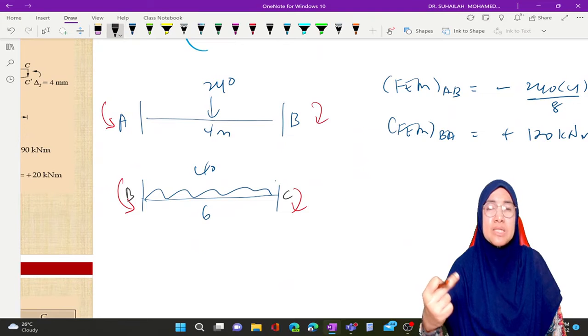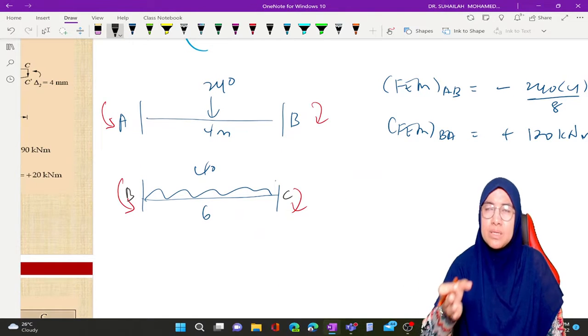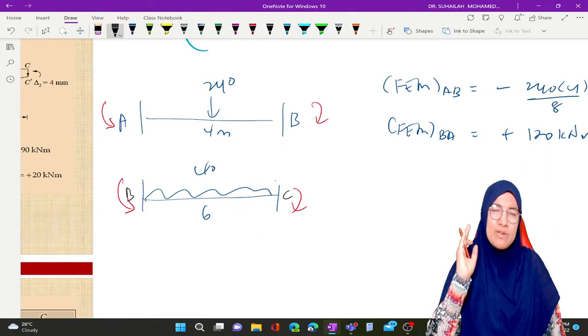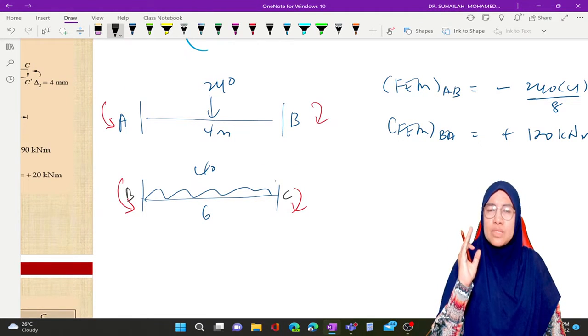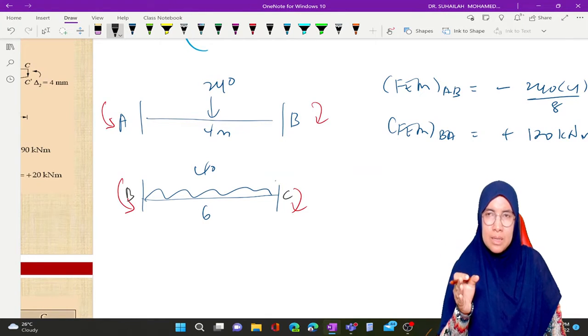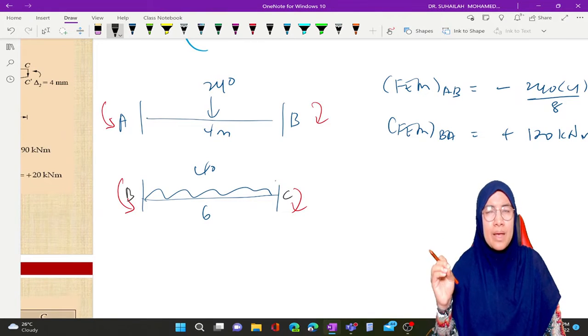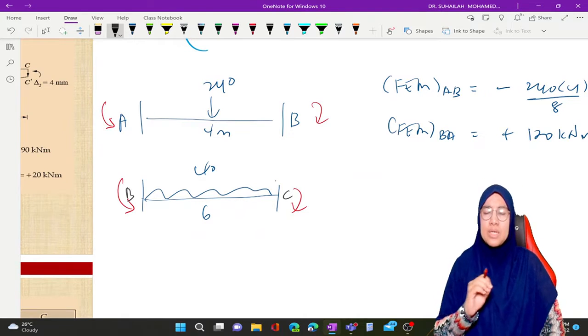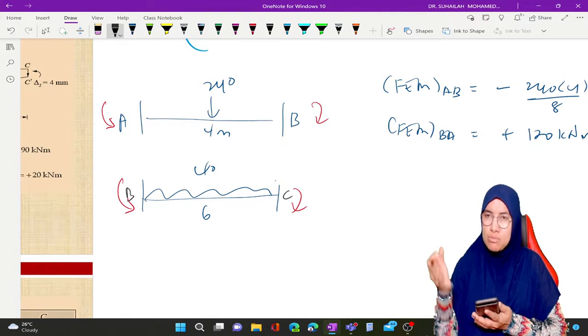So we just refer to the first column of the fixed end moment formula, considering both ends fixed. We don't need to use the second column of the formula, considering end pin or rolling.